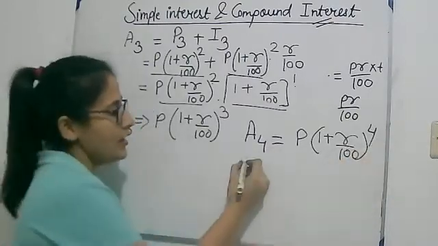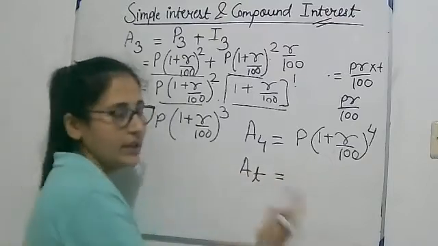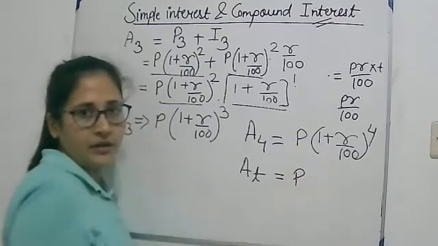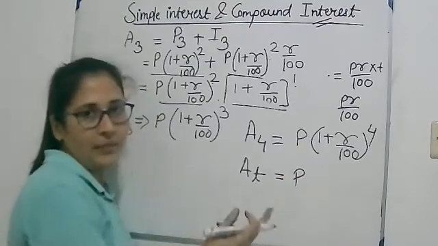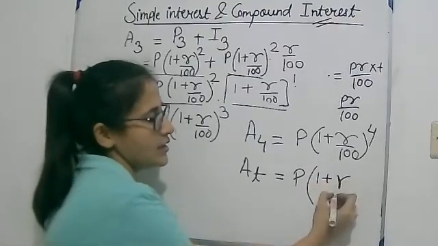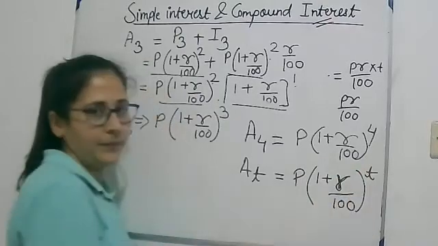So if I say for the term T, for T years, what amount do we have to pay back in T years? It will be P(1 plus R over 100) to the power T.